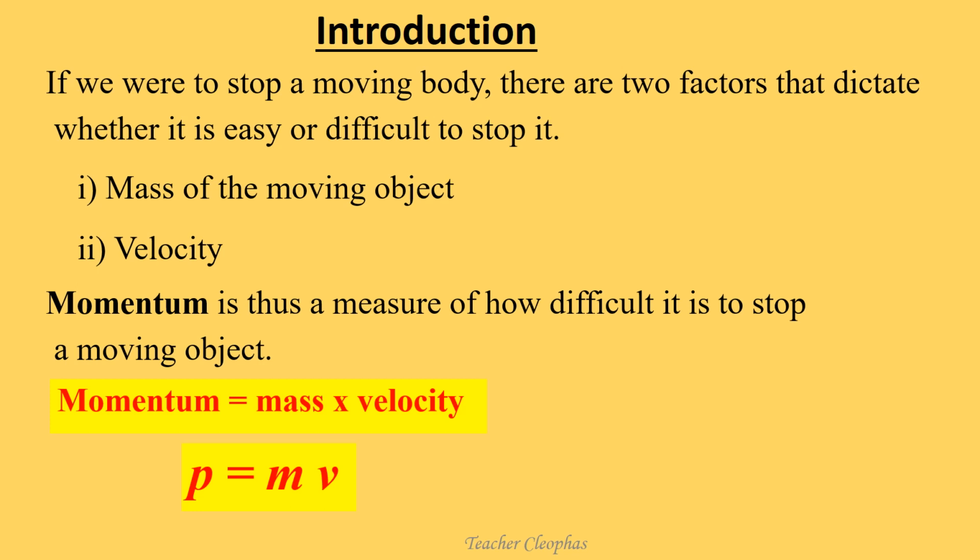From the definition, we have momentum equals mass times velocity, and we know the SI unit of mass is kilograms, then the SI unit of velocity is meters per second. So if we combine the units of mass and velocity, we would have the SI unit of momentum being kilogram meters per second.